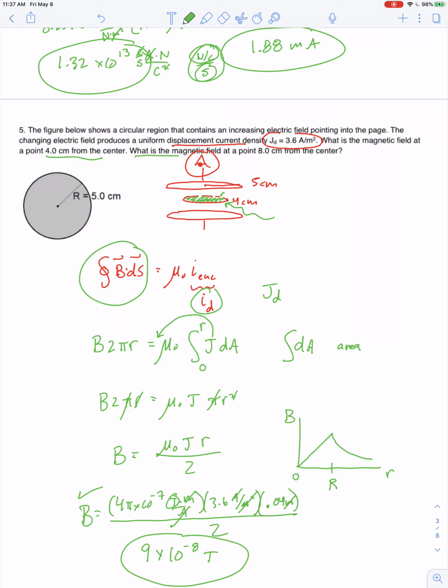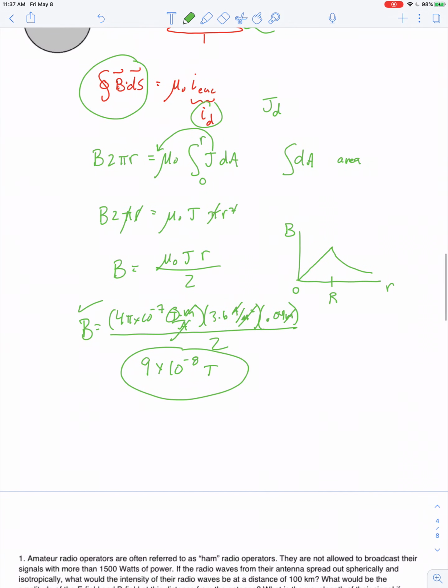Question goes on to ask, what's the magnetic field at a point 8 centimeters from the center? So again, the integral of B dot ds is equal to mu naught times I enclosed.